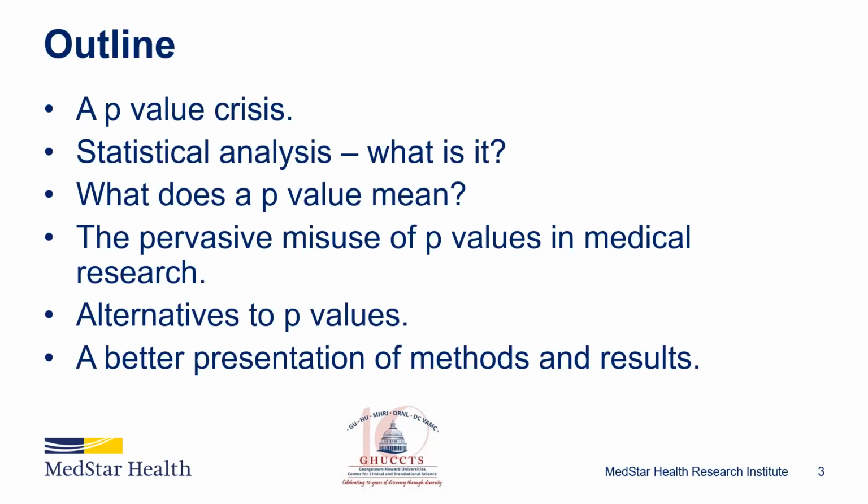One of the things that I observed over the years in doing statistics in a medical research situation is that there is a fairly pervasive misuse of p-values. And I want to spend a little bit of time talking about alternatives to p-values, and then make a couple of comments on how we might better present methods and results, statistical methods primarily, in journal articles.